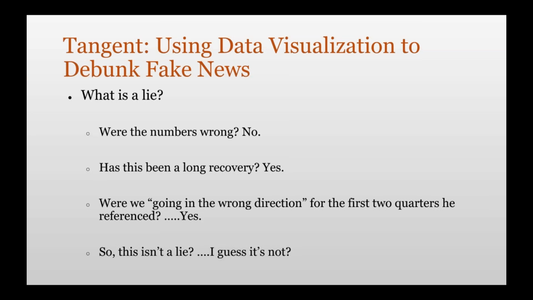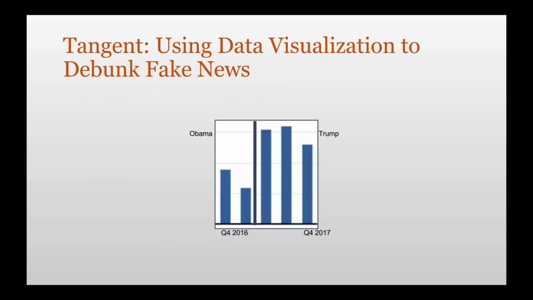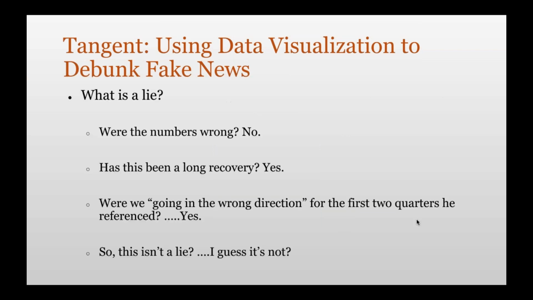During the first 2 quarters he referenced, were we going in the wrong direction? Just looking at those 2 quarters, we were. So it makes it hard to pin down based on these definitions. Seems like this isn't a lie.